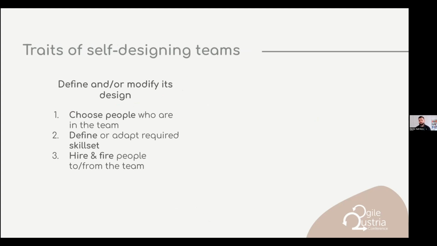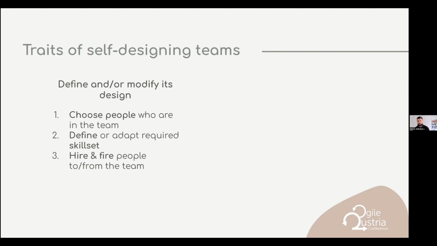And also it means that people who are currently outside of any team are able to choose which team to join. They can over time define and adapt the required skill set they need to have in the team. For example, if they were previously working on their product and their product had only a web version, but now they've decided to introduce the mobile application, they will probably need to expand the skill set required in order to be a team able to deliver end-to-end. And what's also important, they should be able to decide whom to hire or whom to fire from the team.